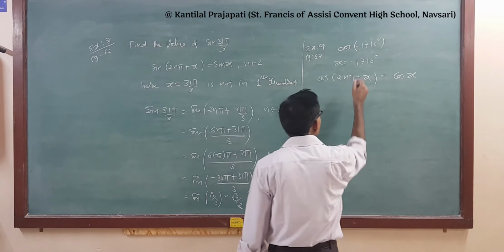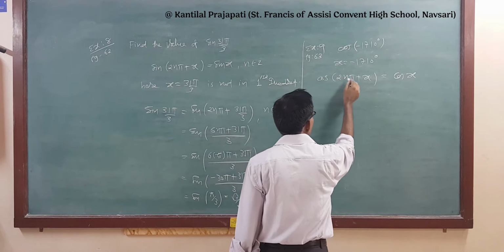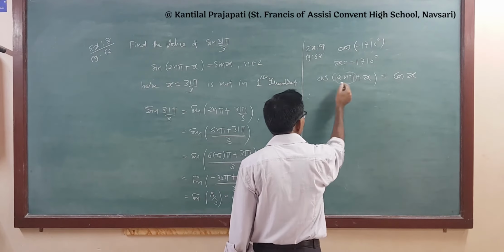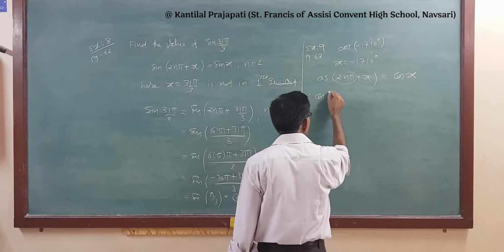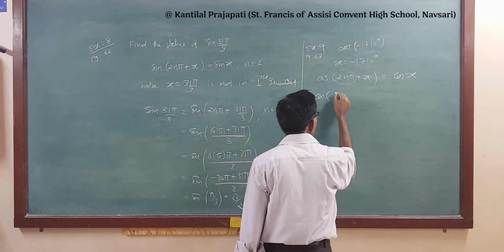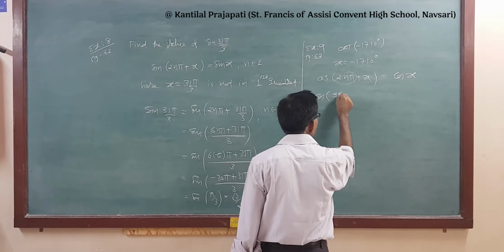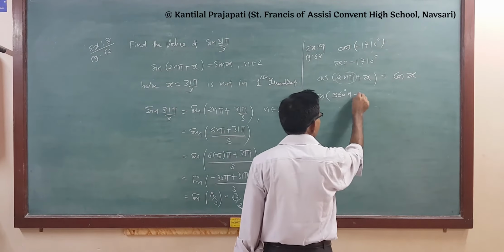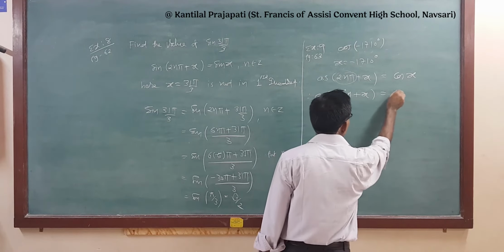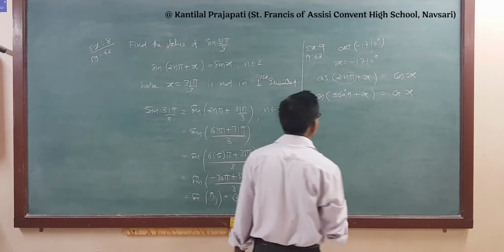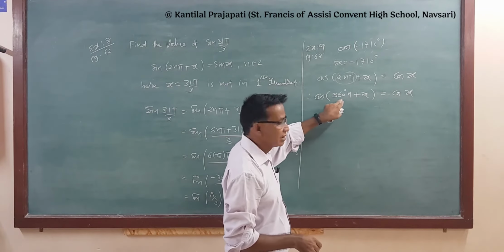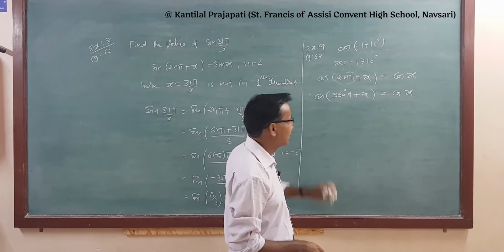We convert into degree measure also, so put pi equal to 180. 2n pi is also written as 360 degree n. So cos of 360 degree n plus x is equal to cos x.